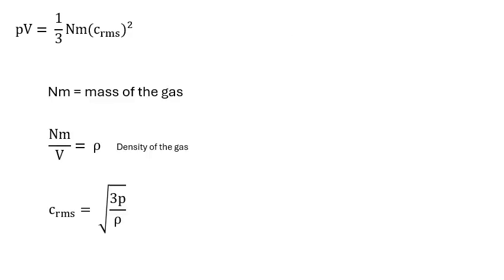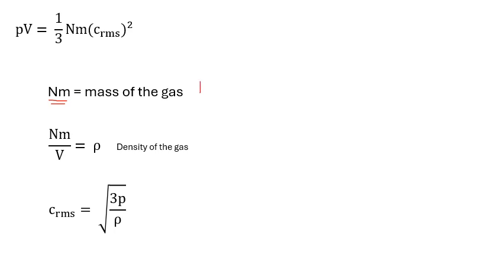Now, this is an equation that I actually had to learn many years ago when I was a sixth form student. And it's basically another form of the same equation. Now, N is the number of particles. Little m is the mass of a particle, so Nm is the mass of the gas.